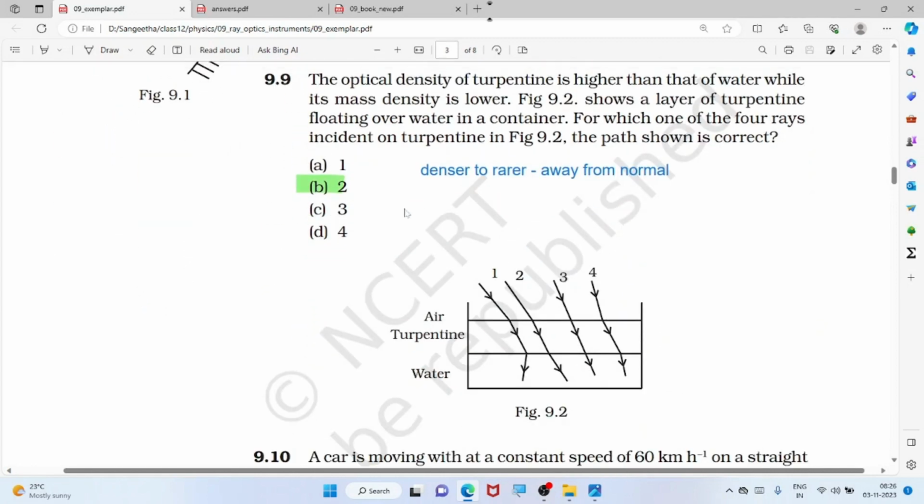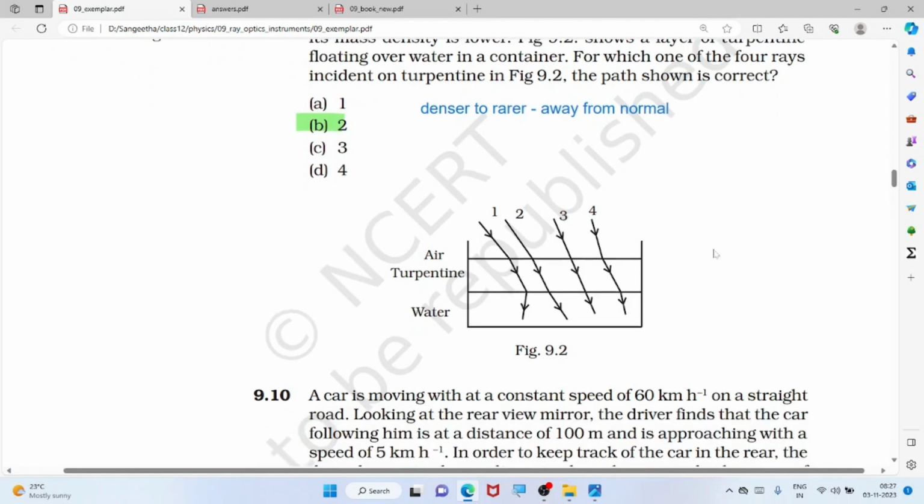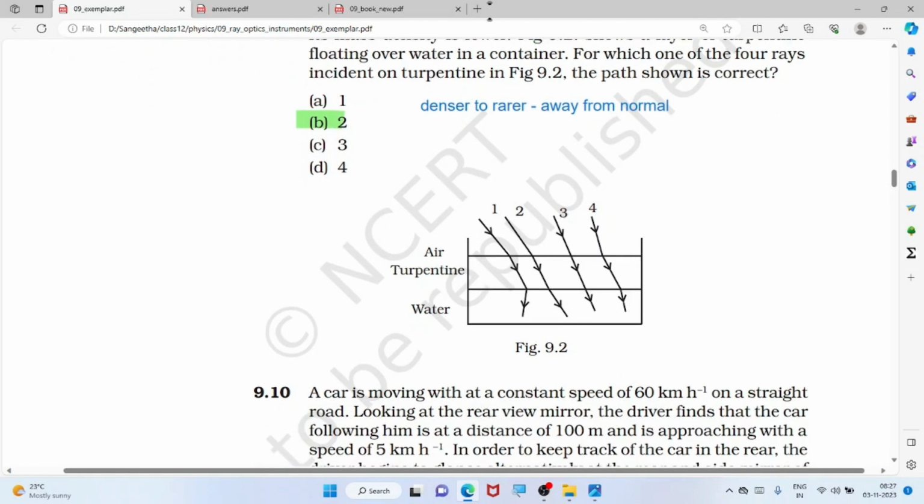The optical density of turpentine is higher than water, while its mass density is lower. Figure 9 shows a layer of turpentine floating over the water in a container. Air, turpentine, water. For which one of the four rays incident on the turpentine is the path shown correct?